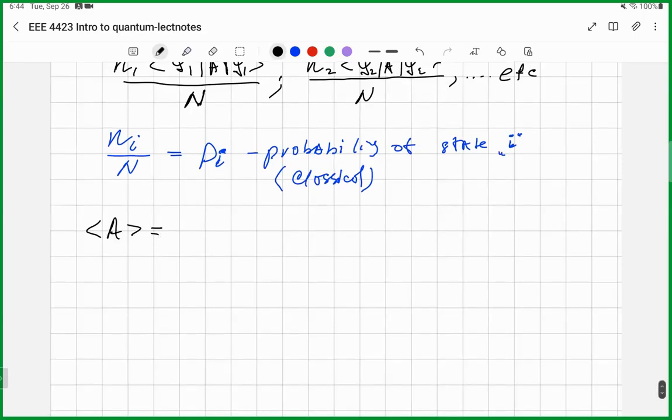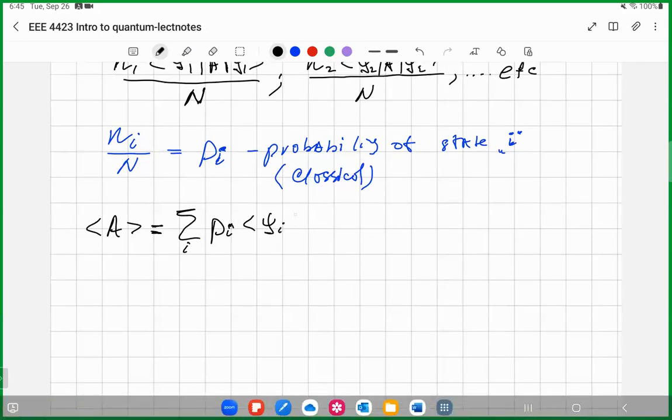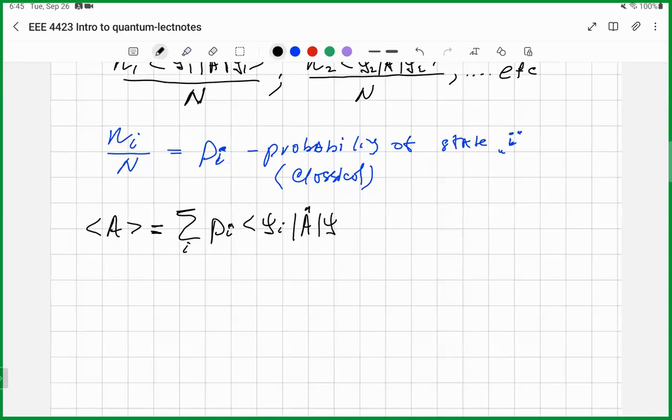So the total expectation value for the entire system, for this mixed system, is going to be the summation over i of this classical probability p_i, and then the expectation values in the quantum sense, <psi i|A|psi i>.